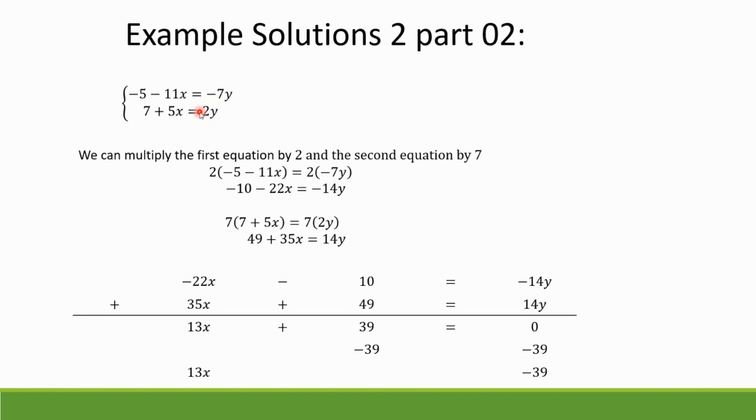So we have to manipulate the equations. We have to multiply them by certain numbers so that when we do add, those variables cancel. And I'm multiplying the first by 2 and the second by 7 because then the coefficients of y will cancel once I multiply. And that's what's happening here.